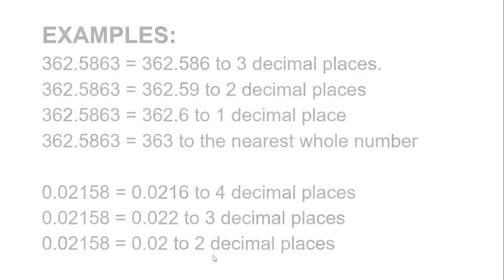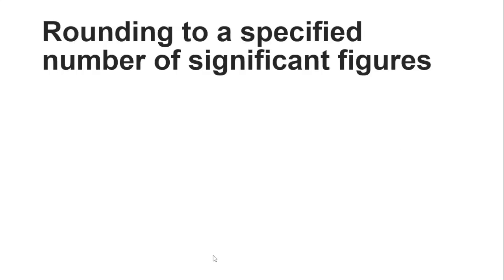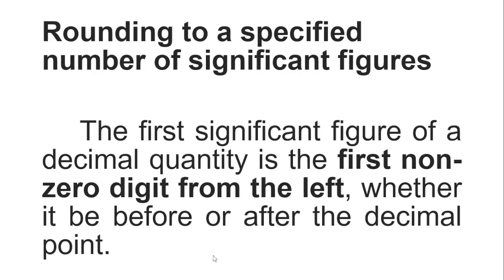Okay, how about when you round to a specified number of significant figures? The first significant figure of a decimal quantity is the first non-zero digit from the left, whether it's before or after the decimal point. When we are rounding to a specified number of significant figures, we still have the same principle.